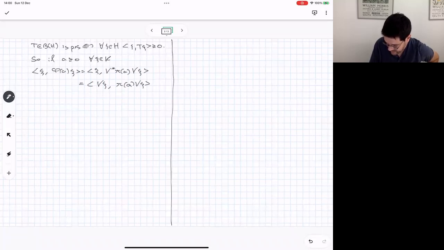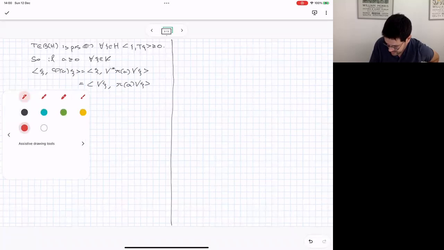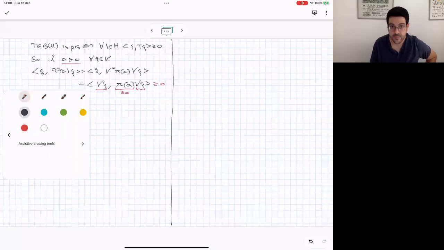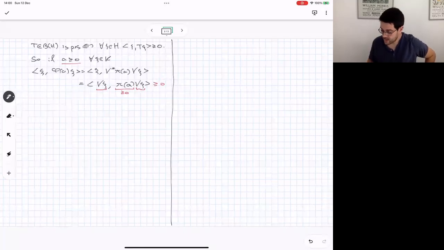And if A is positive, then pi A is positive. So you apply it on the vector V psi, so you get something positive, right? So phi is positive and clearly contractive too.